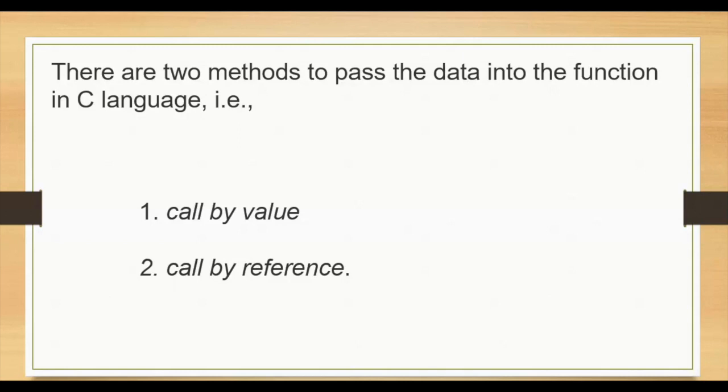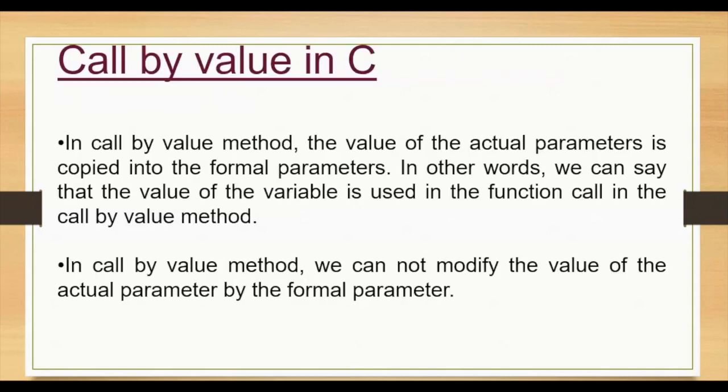First, we have to discuss the first method, that is call by value in C. In call by value method, the value of the actual parameter is copied into the formal parameter. In other words, the value of the variable is used in the function call.